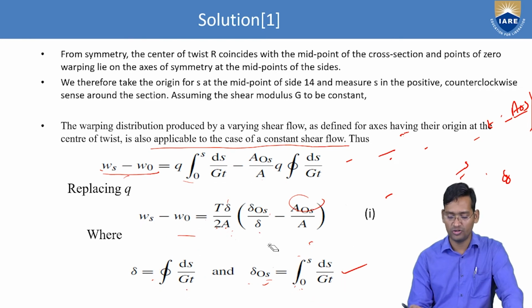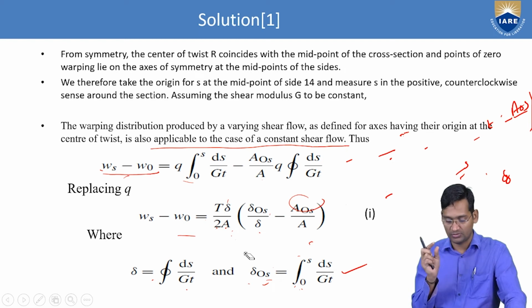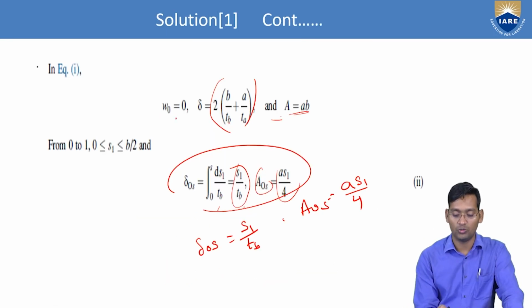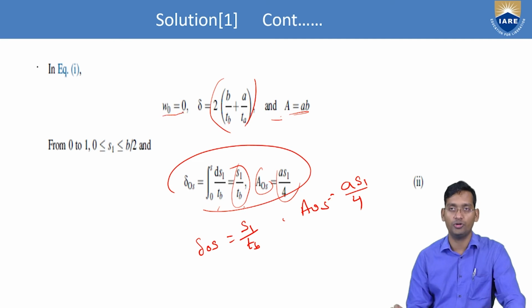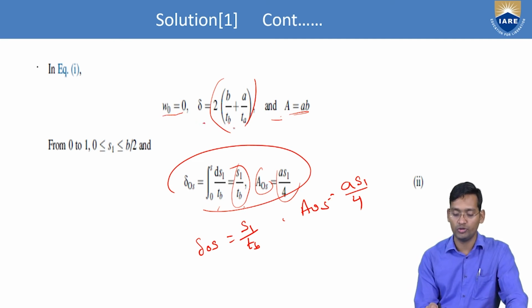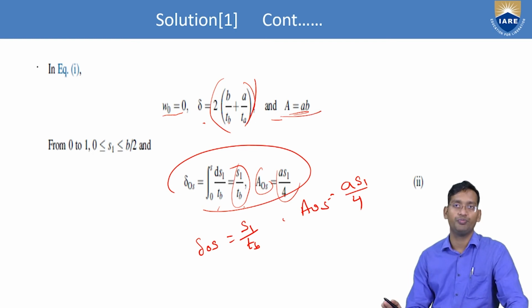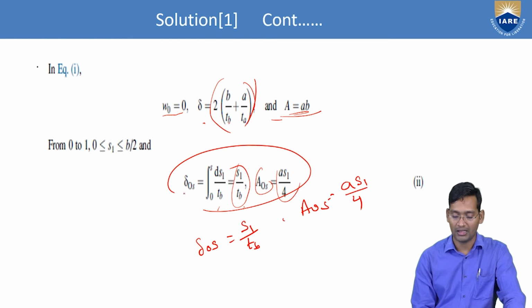We assume this just to write it in a smaller way. And substitute in equation 1 that W naught equals 0 and delta equals 2 into (B by TB plus A by TB), and capital A equals A into B. Substituting that, from here delta OS is the integral from 0 to S of ds1 by TB.